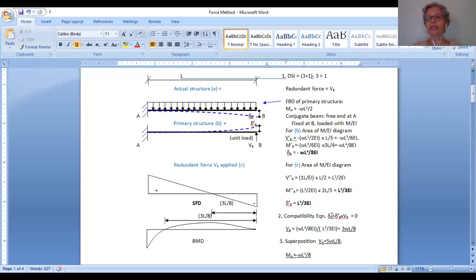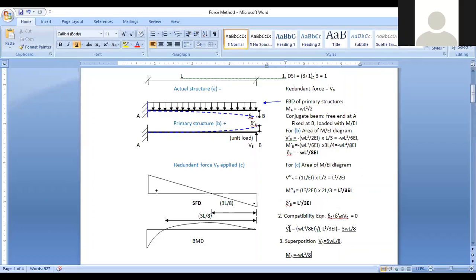So delta B plus delta dash B into VB is 0 is the basic equation. So delta B is minus WL raised to 4 over 8 EI. Then delta B dash is L cube over 3 EI multiplied by VB equated to 0. So we can find out VB.